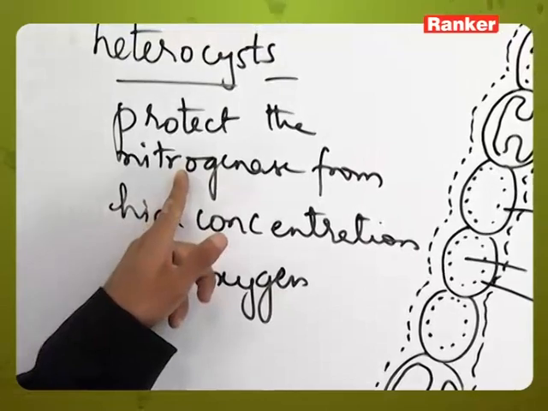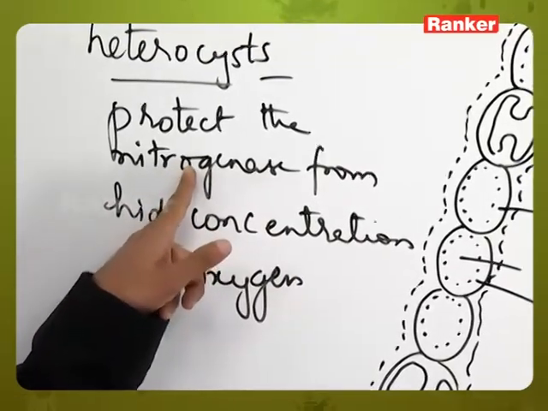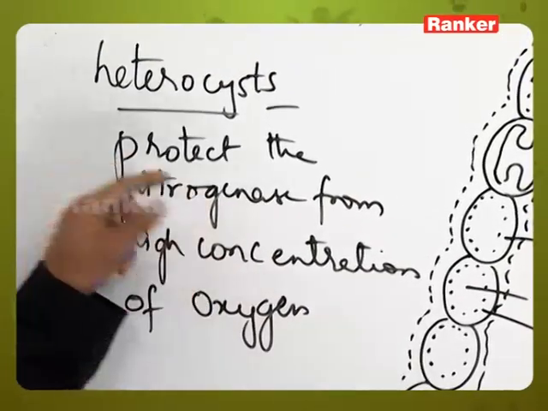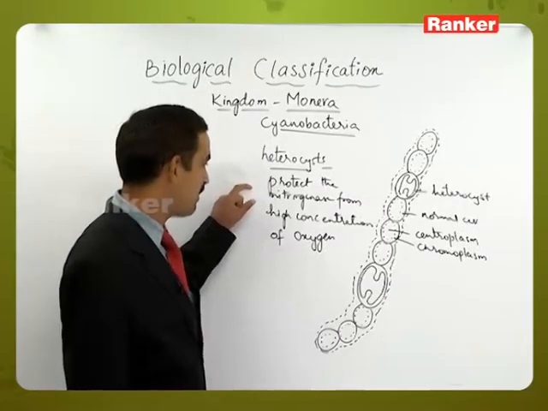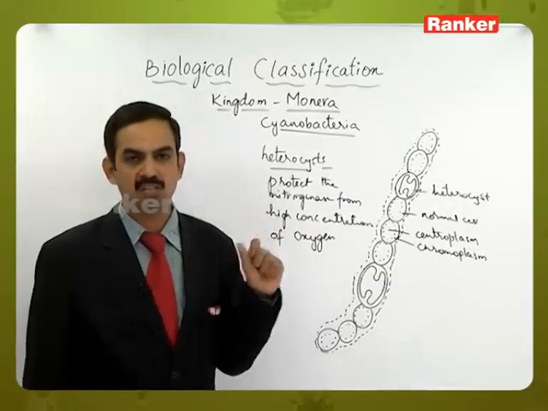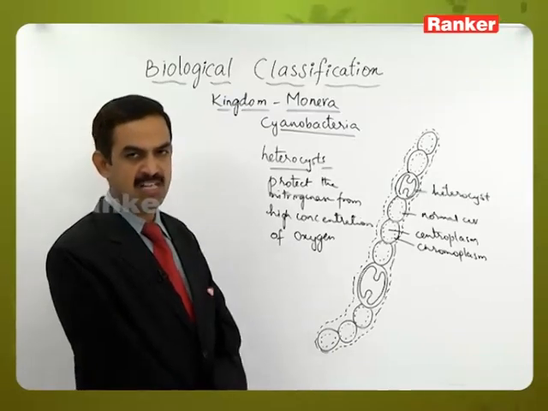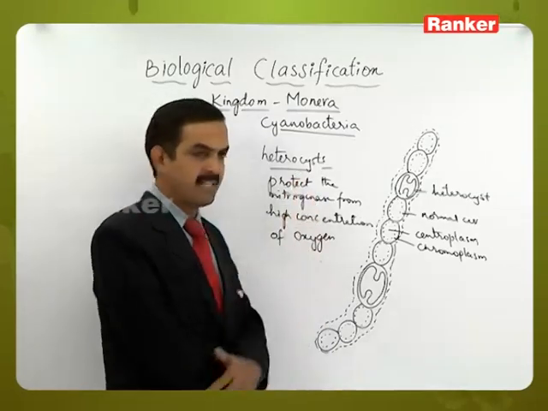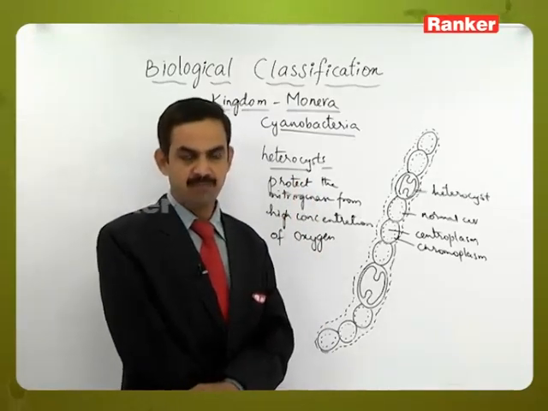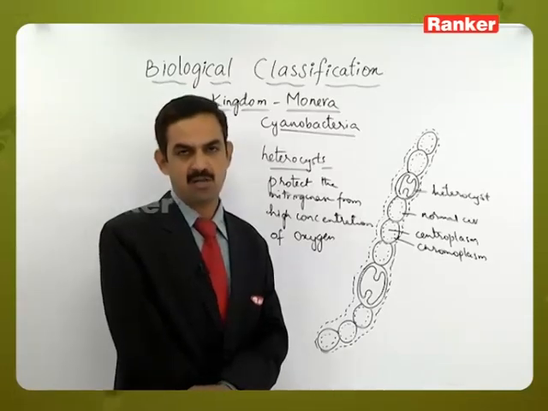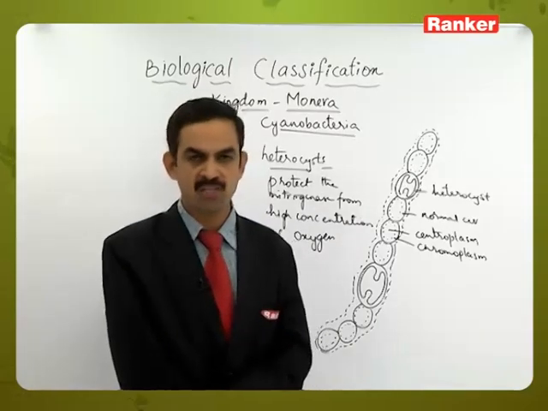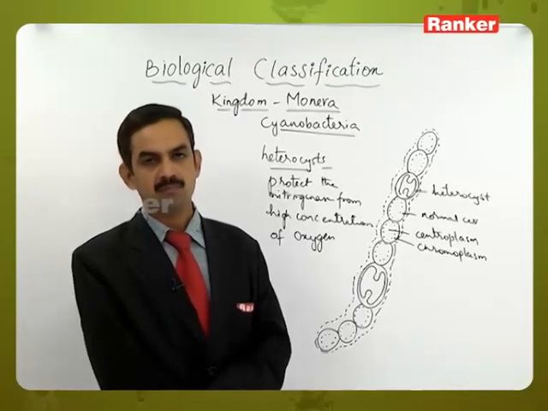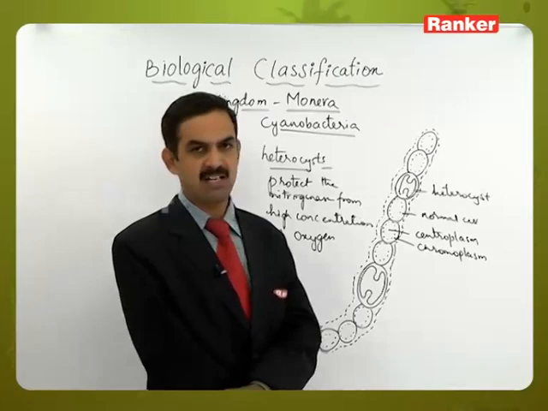Once it becomes inactive, it cannot help in nitrogen fixation. That's the reason the oxygen concentration should be maintained in such a manner that it does not harm the activity of the nitrogenase enzyme. That function is taken up by the heterocyst. That is why we consider the heterocysts to be helping in the nitrogen fixation in the cyanobacteria members.